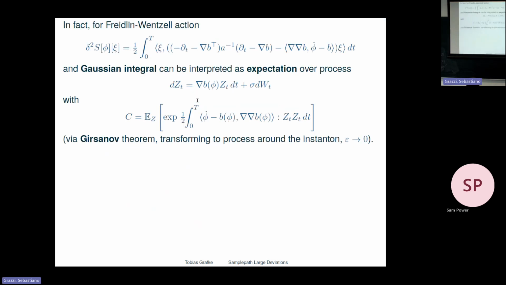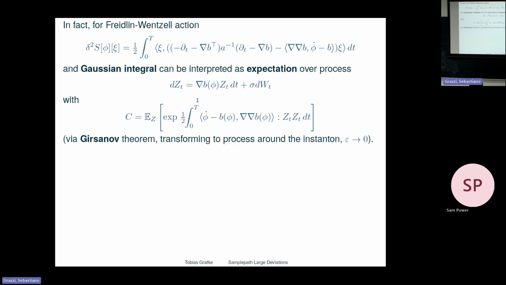Here is the second variation of the Freidlin-Wentzell action. You can write it down, evaluated at the minimizer phi in a direction xi, and it's something like a second order differential operator where I either apply the variation on this one or on that one or twice on the B field. It's a bit of a long formula, maybe not immediately obvious, but it's a quadratic form, right? It has xi and then this differential operator times xi.